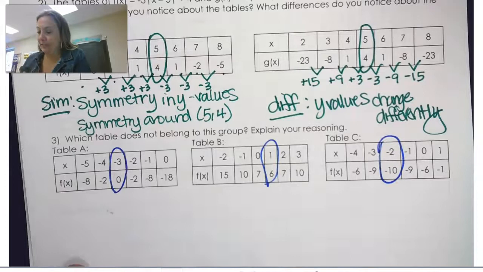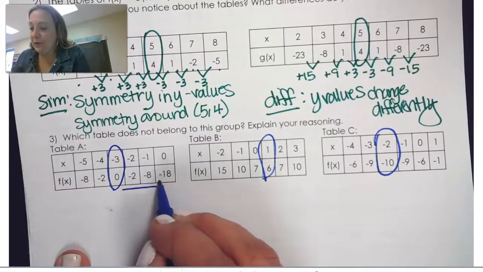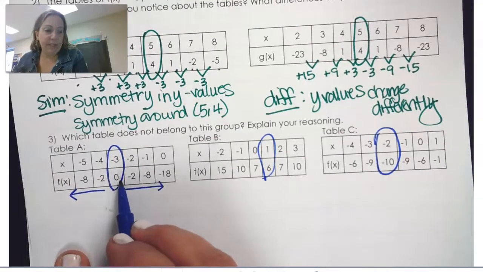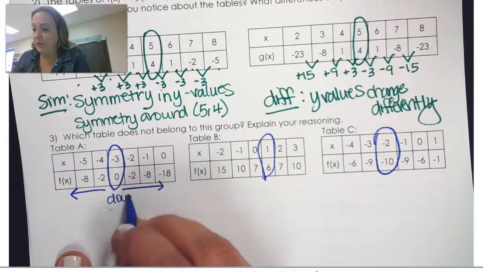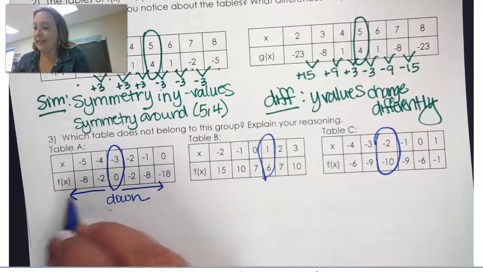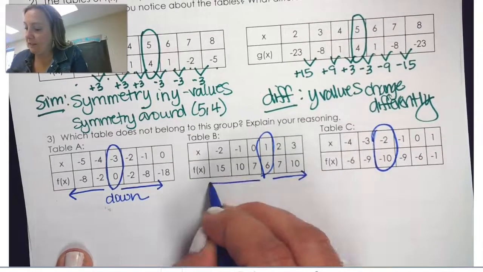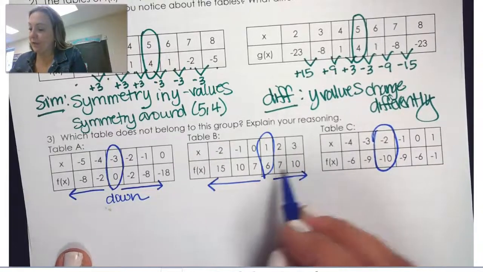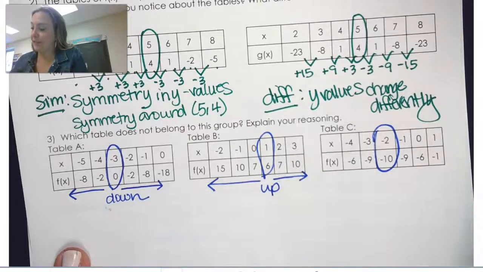Well, if we look from this point, let's look at what's happening as we go to those sides. Notice from the y value of 0, these are going down as we go to the right and to the left. If I start at 1, 6, I notice my y values are going up to the right and to the left.